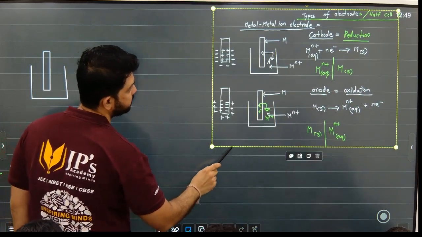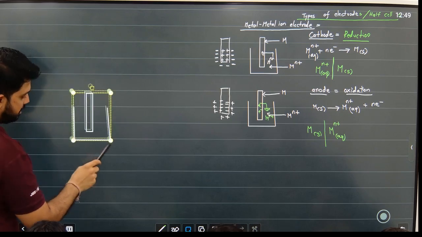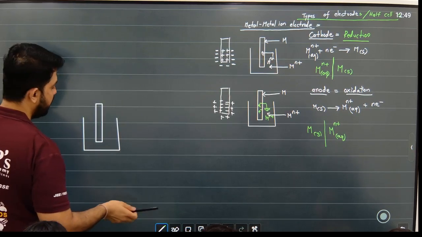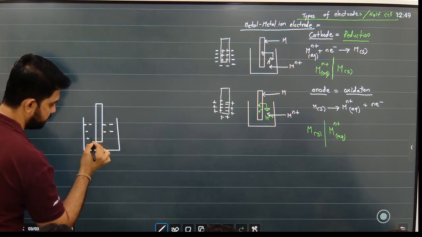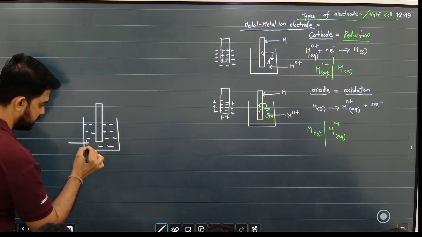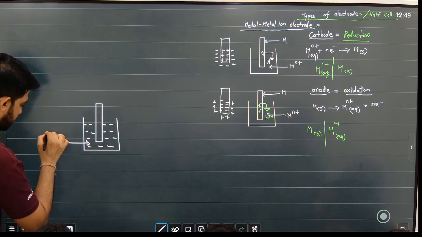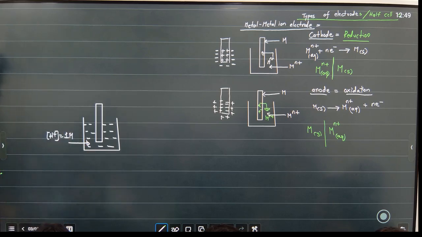Now the second type of electrode. What we have is similar: we have a solution, but this time the solution is made up of H+ ions with a concentration of 1 molar, or you can say it is an HCl solution, concentration 1 molar.